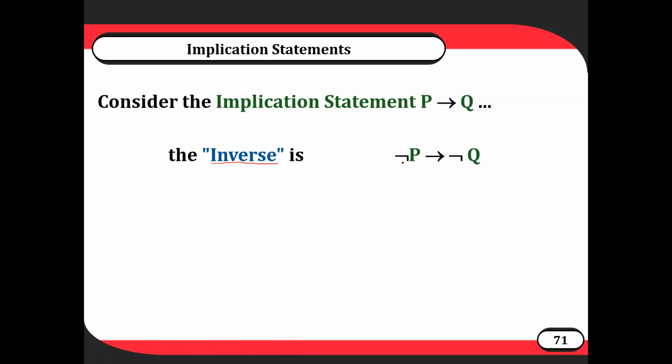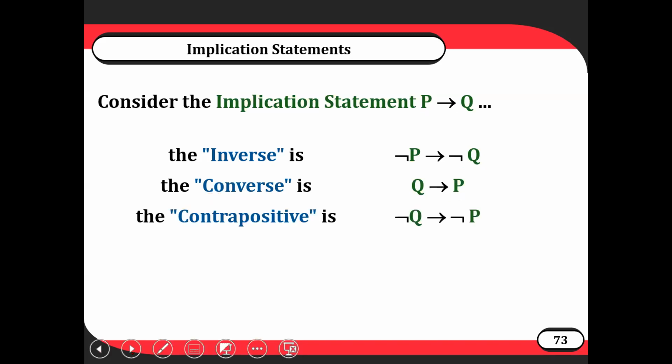So if I have the implication statement P implies Q, then not P implies not Q is called the inverse of that implication. If I instead go from P implies Q to Q implies P, then I've written the converse of P implies Q. And if I do both of those things, if I invert it and convert it, so now I have not Q implies not P, then that's the contrapositive.